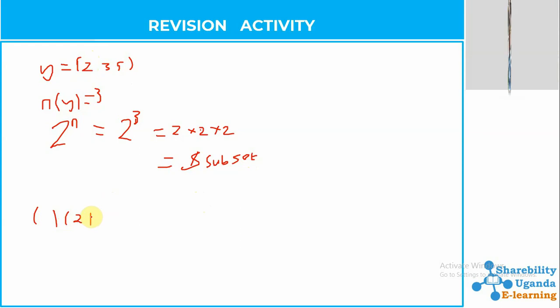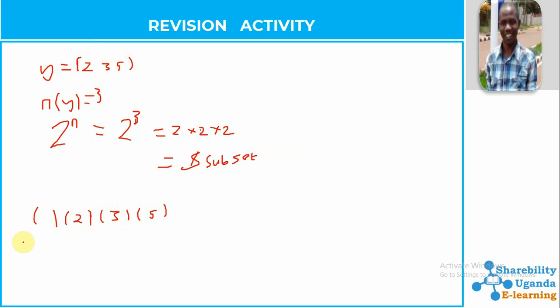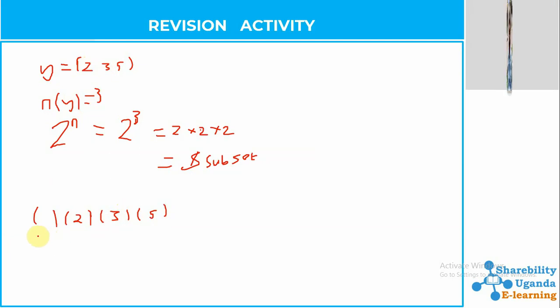So we are going to have a set which is 2, and also a set which is 3, and also another set which is 5. Then we are also going to get another set. We said our first element with our second element forms a set. Let's form it. We have our first element which is a 2 with our second element which is a 3.